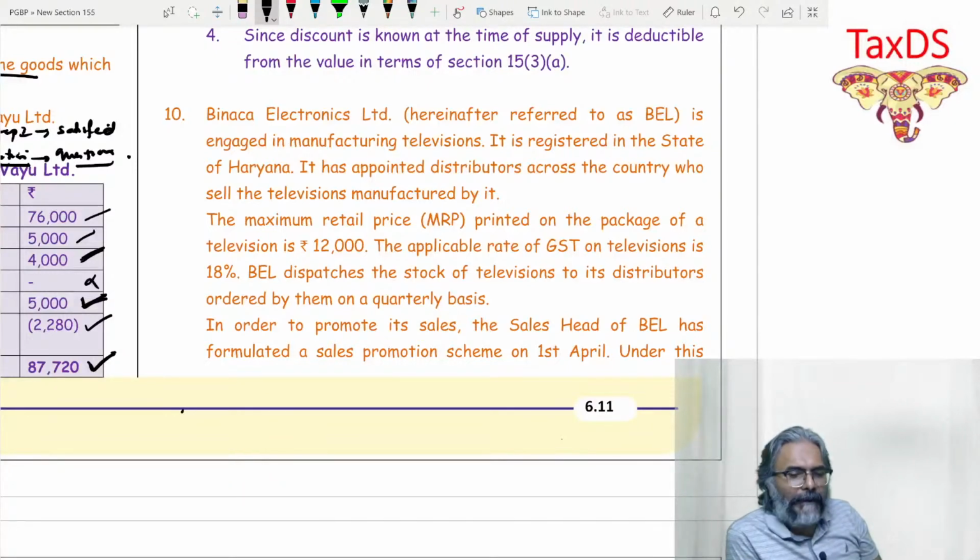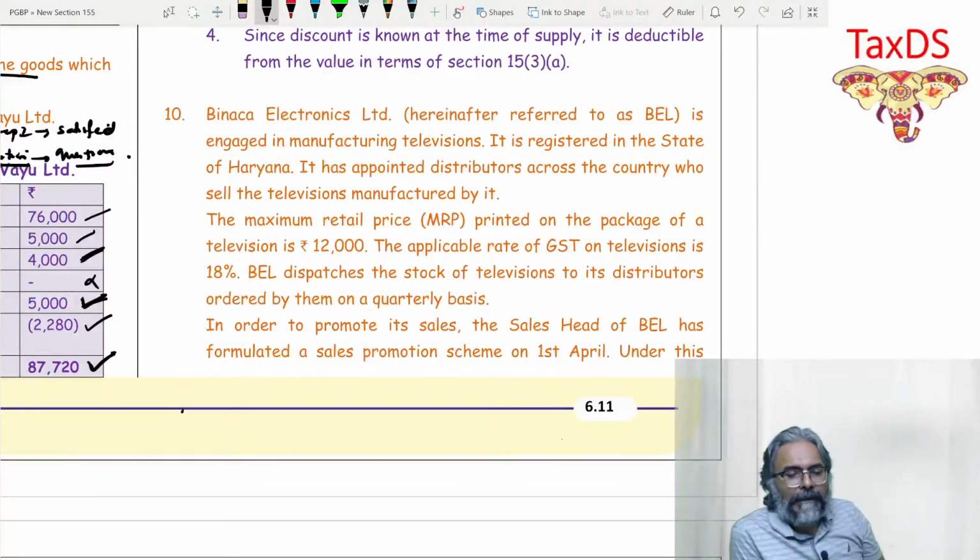It has appointed distributors across the country who sell the television manufactured by it. The maximum retail price printed on the package of a television is 12,000. So the list price or the MRP is 12,000, which is printed on the package. The applicable rate of GST on the television is 18%.